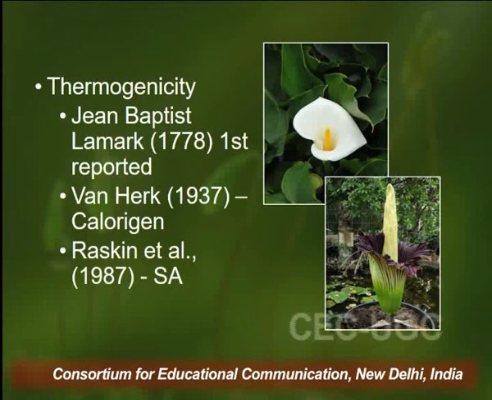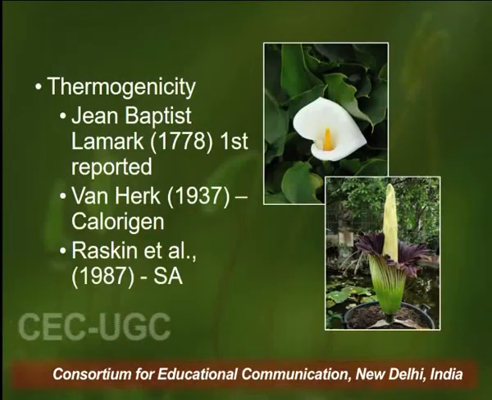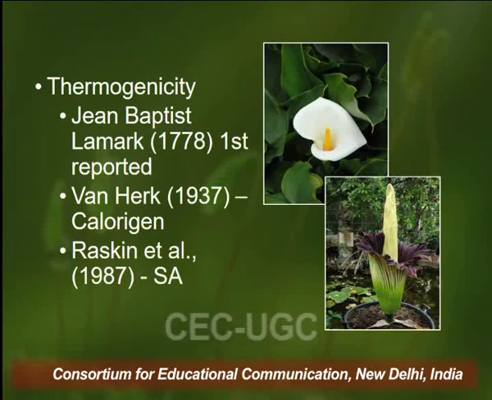Later, in 1937, Van Herk isolated a group of compounds named calorigen, and he stated that calorigen is responsible for the heating effect of the lily plants when he was working on the voodoo lily. Later, Raskin in 1987 prepared an extract from the spadix of the voodoo lily, and on analysis of that extract, he found that it mainly contains 70% salicylic acid, and this is how it was discovered that salicylic acid is the molecule responsible for the thermogenicity of the plants.